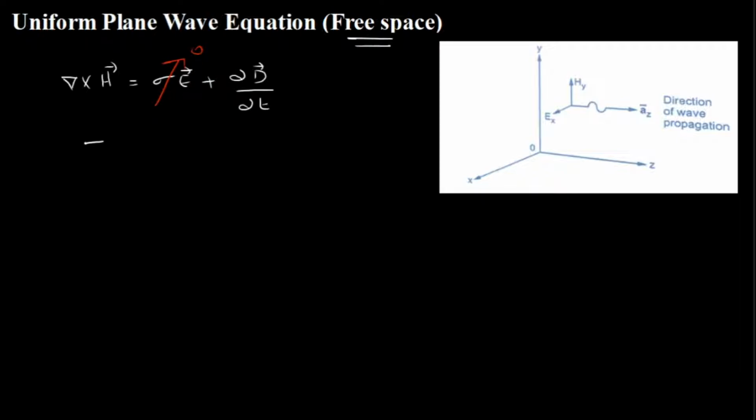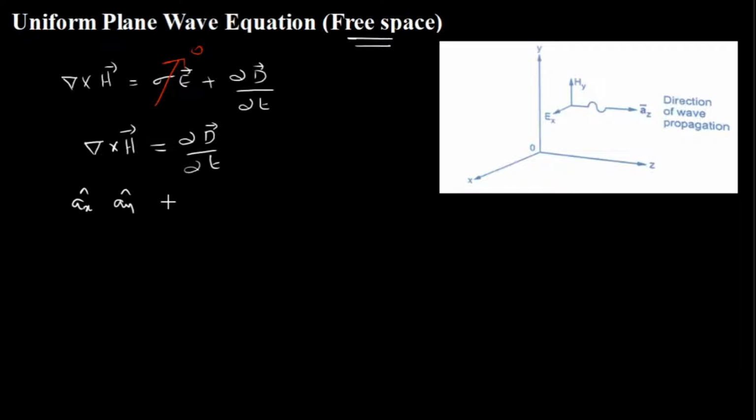So this Maxwell's equation will be slightly modified for our purpose as curl of H equals del D by del t. And mathematically we express curl of H in determinant form for solving it.